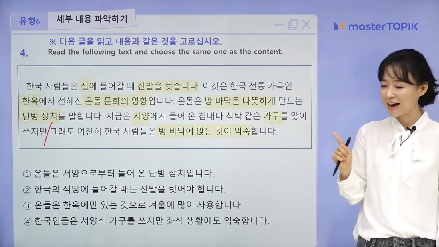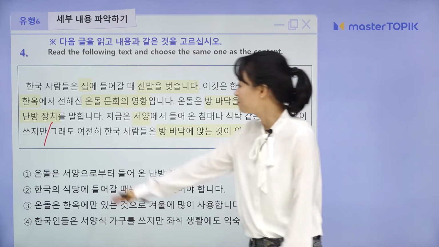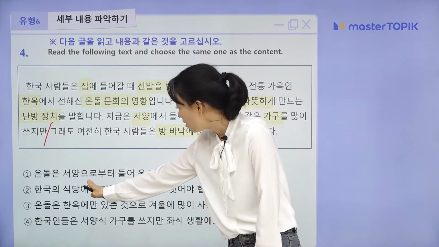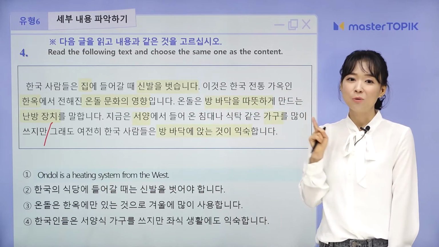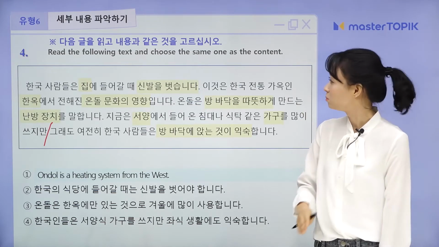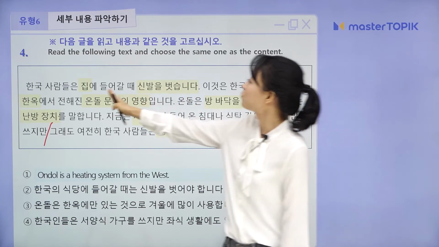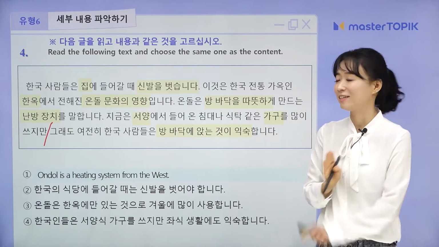Okay, now let's check the options and compare them one by one. Number 1, 온돌은 서양으로부터 들어온 난방장치입니다. 온돌 is a heating system from the West. Is it true? Well, it's from Hanok, Korean traditional house, not the West.